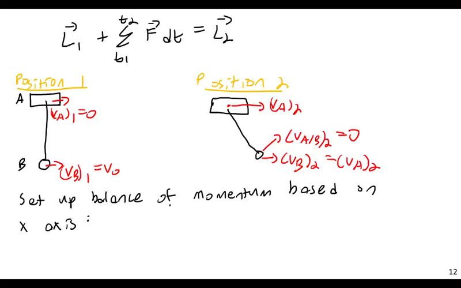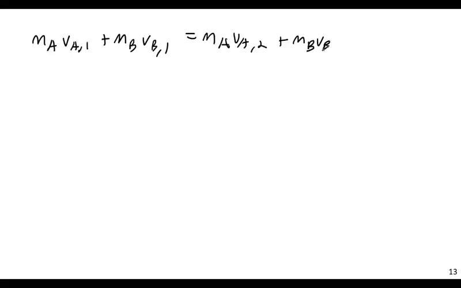Maybe I'll do that on the next slide. So again, the balance of momentum based on the x-axis, I have MA VA at 1 plus MB VB at 1 equals MA VA at 2 plus MB VB at 2.